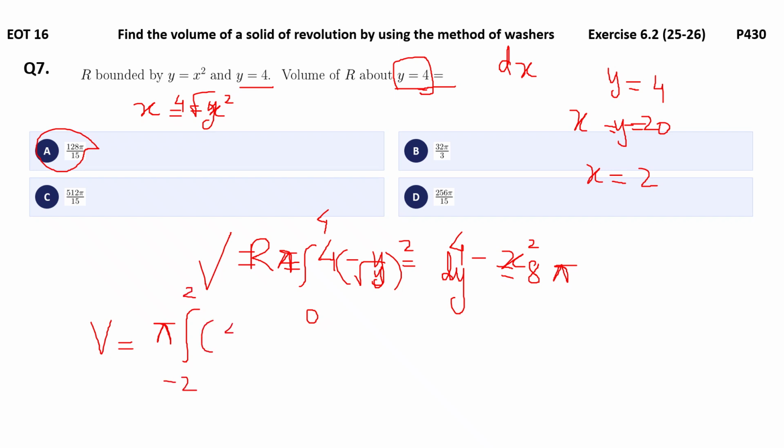The function is 4 minus x square, the whole square, dx. And what did you get? 512 by 15 pi. And that's your option C.